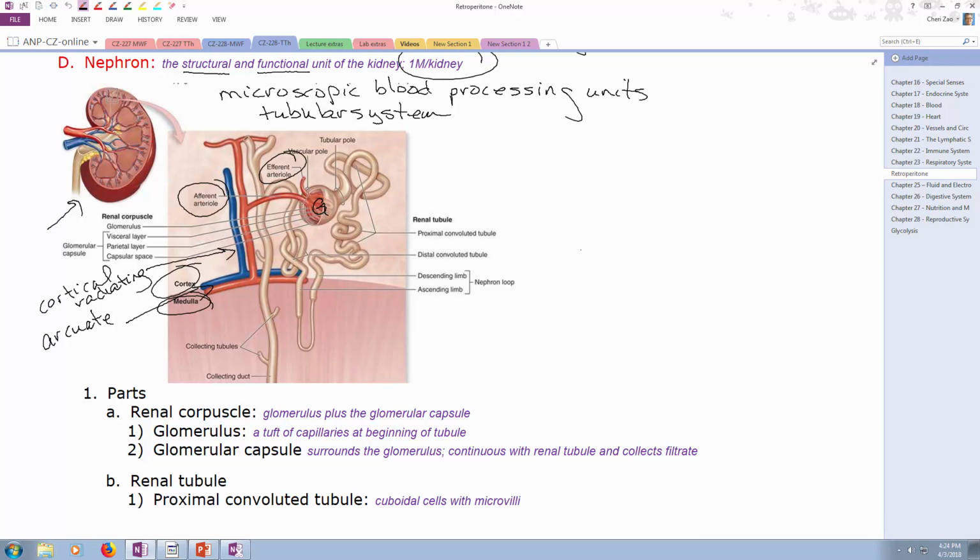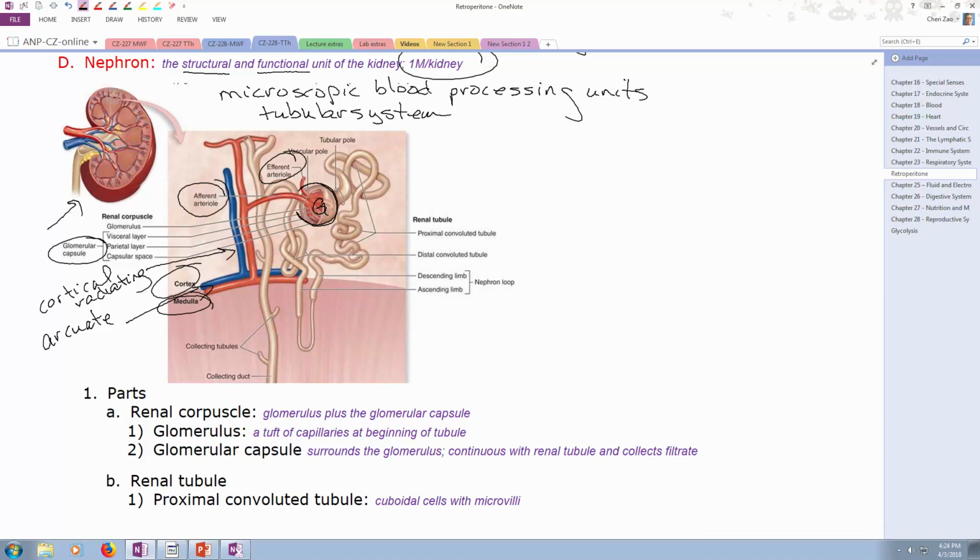Going from the glomerulus, this is like taking your kitchen rag and squeezing fluid out. Well, it's not a good idea to squeeze fluid out into the air, is it? So we have to squeeze fluid out into a space, and the space is the capsule. So we actually have here the glomerular capsule, so this is that space around it. It is designed to collect what is called filtrate.